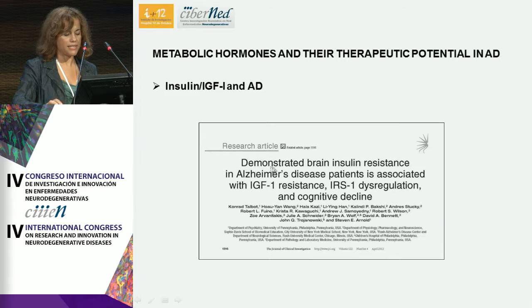In Alzheimer's disease, there is an early insulin signaling alteration, insulin resistance, associated also with a resistance in IGF-1, and also accompanied by dysregulation in insulin receptor S1, inducing the cognitive decline.